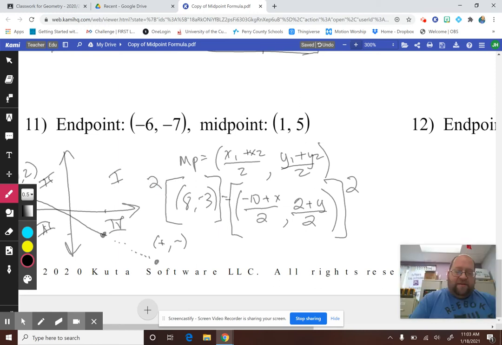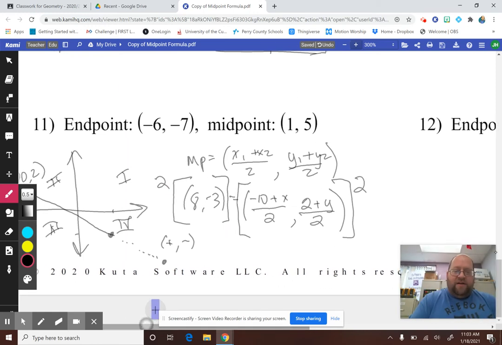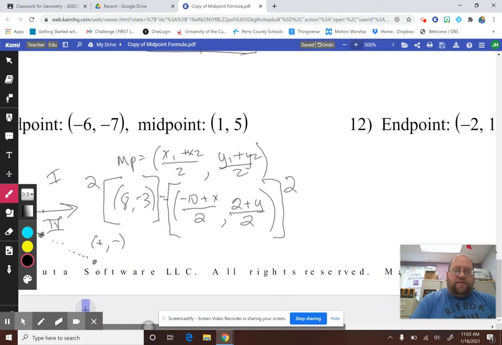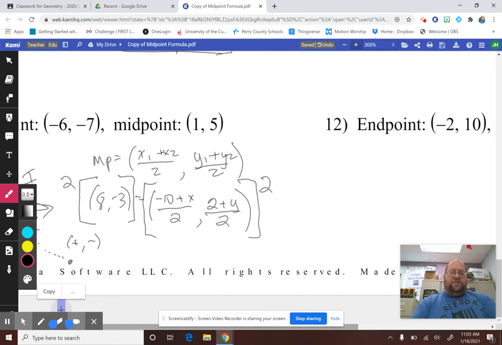So I'm going to give myself a little more real estate here. We're going to go over as far as we can in this direction. And so this is the problem that I'm really working with now. Hopefully this is not getting confusing, but all we did is plug in the values that we know, and now we're trying to solve this. Because I multiplied by 2, all of this is going to go away.